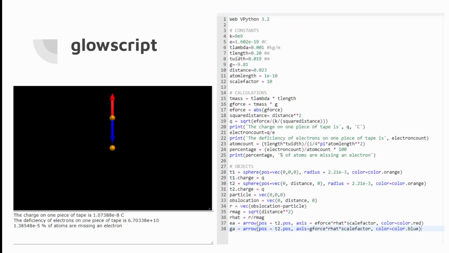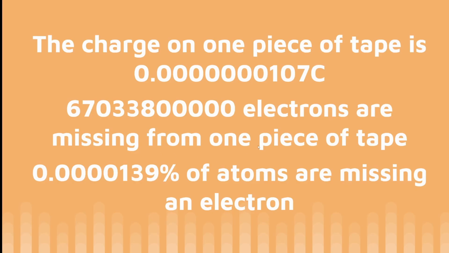So the charge is calculated, and it turns out to be this number, which I said earlier. There's a lot of electrons missing from this one piece of tape, but that is a very small fraction of how many atoms there are in the actual piece of tape.